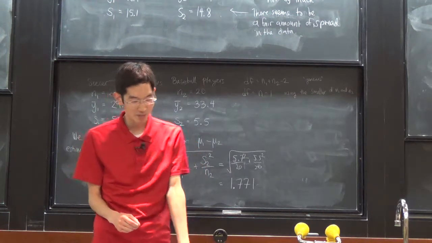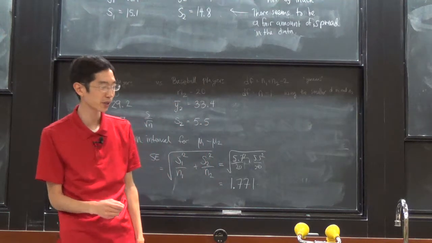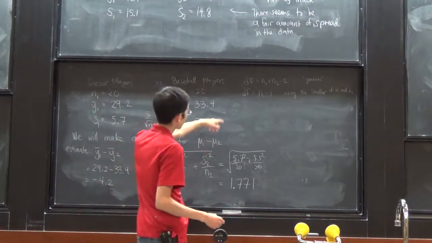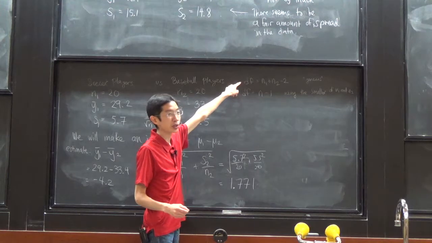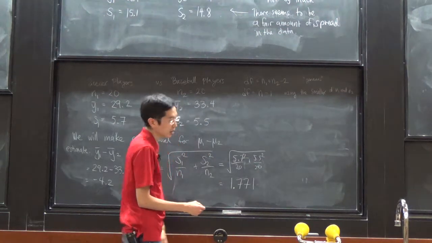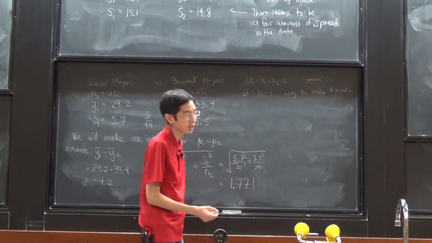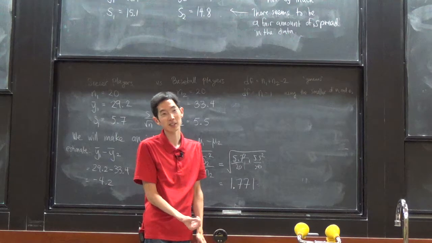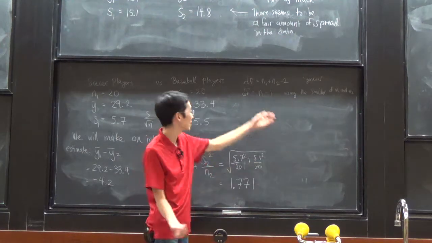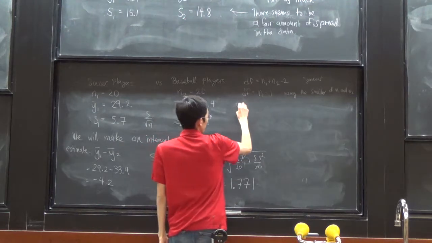But for most purposes, unless we're talking about something very critical, this will probably give you numbers closer to the reality. So for our class, we will use n1 plus n2 minus 2. But if you ever take another statistics class, they might tell you to use this, or they might tell you to use something else.